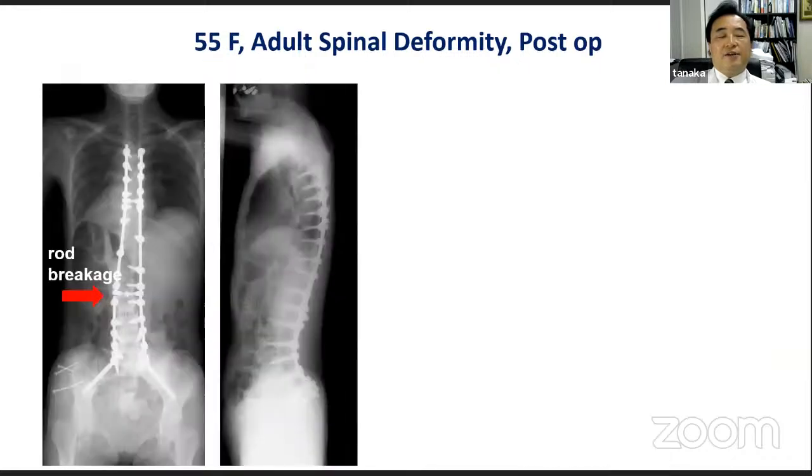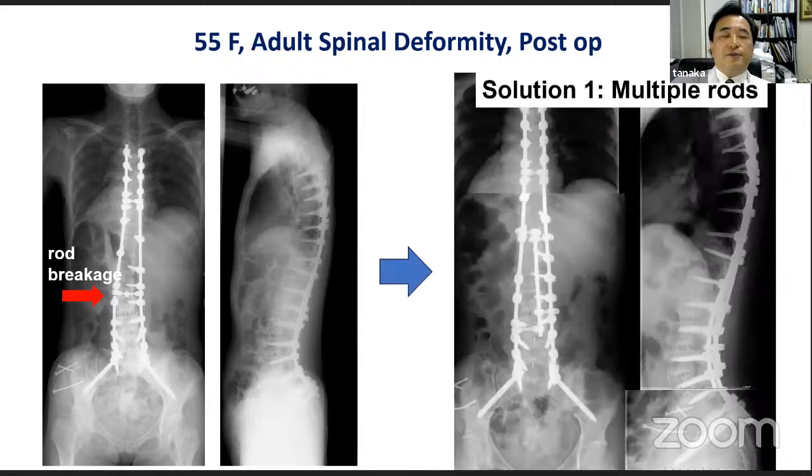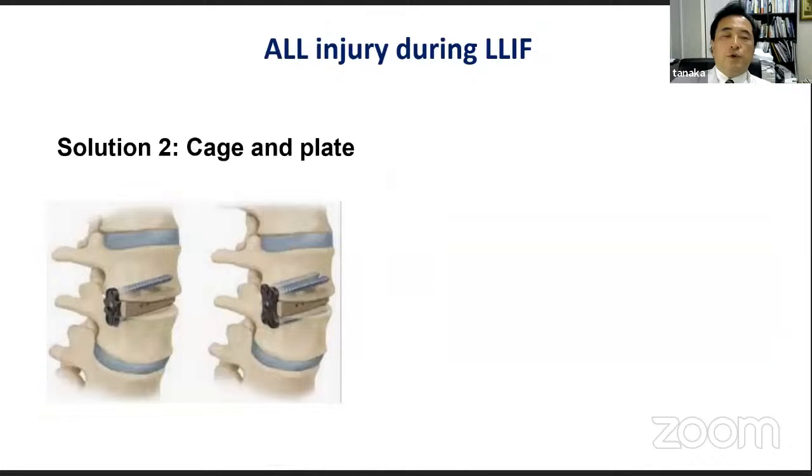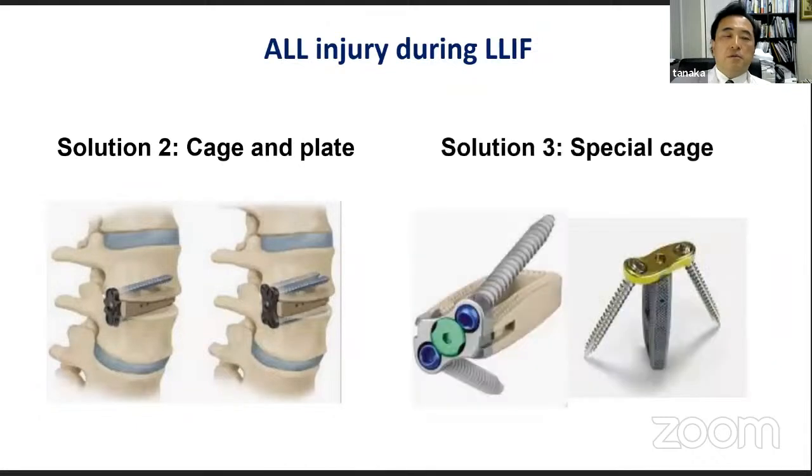Then we experienced rod breakage. So if you cut ALL, you should put additional rod like this. Or nowadays, we can use cage and plate, or another solution is a special cage with screw to prevent backout.